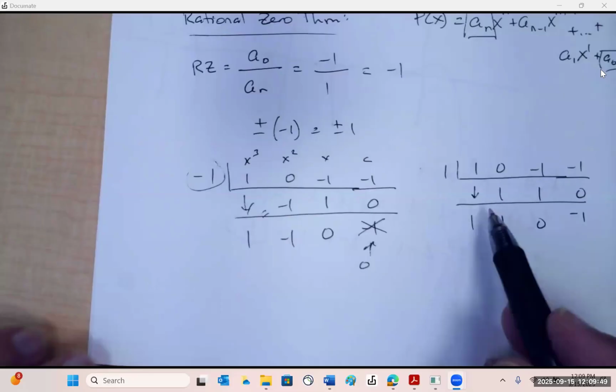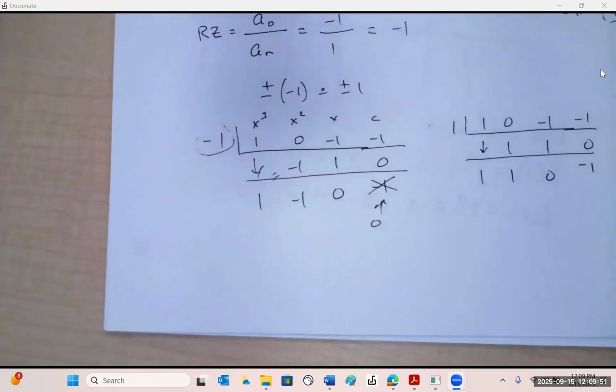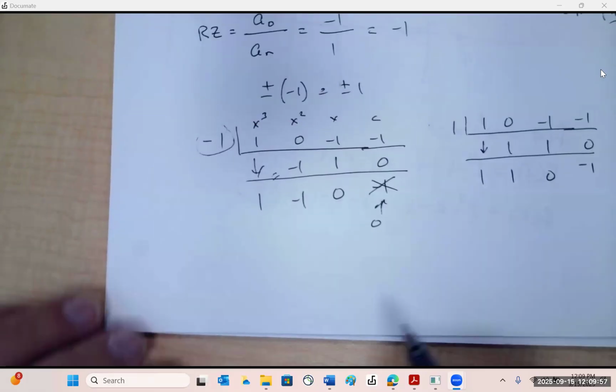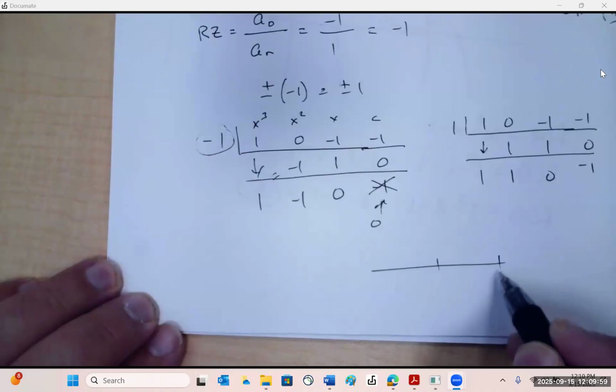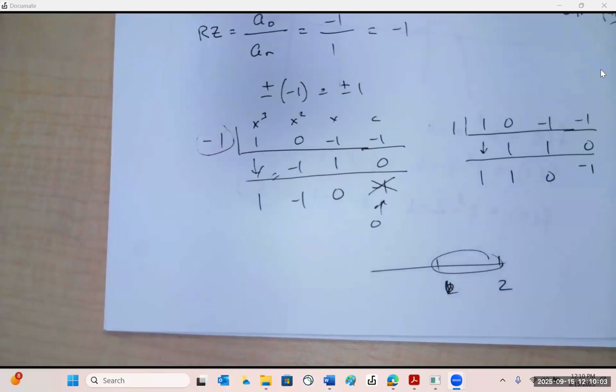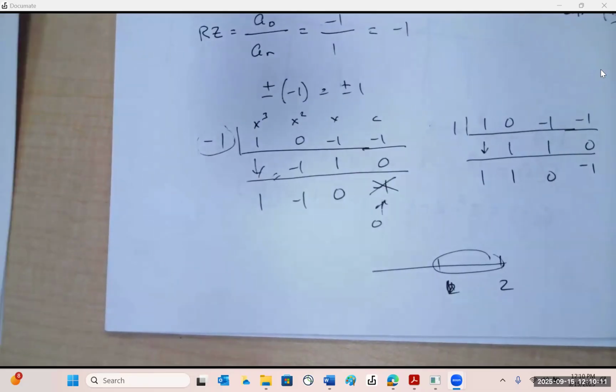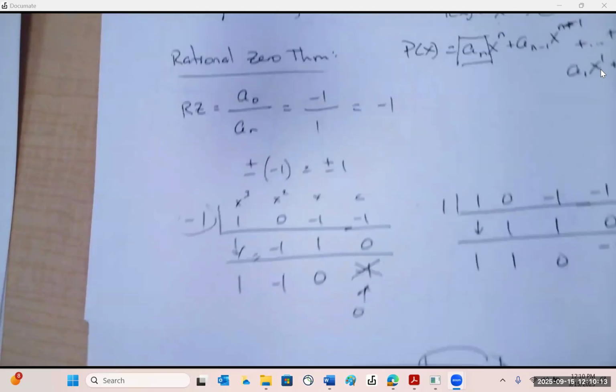What this tells us is our answers are not going to be just like 1 or 1.5, a simple fraction. It's going to be more complex. And we know that because the answers have to be between 1 and 2. It could be something like 3/19 or something like that. But that's all algebra. All the intermediate value theorem does is tell us that one does exist there.